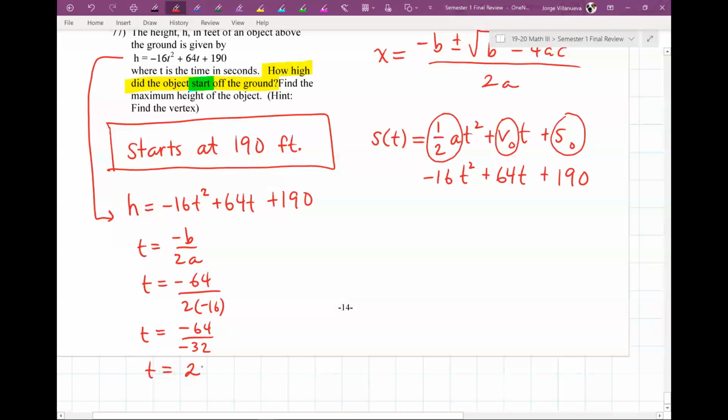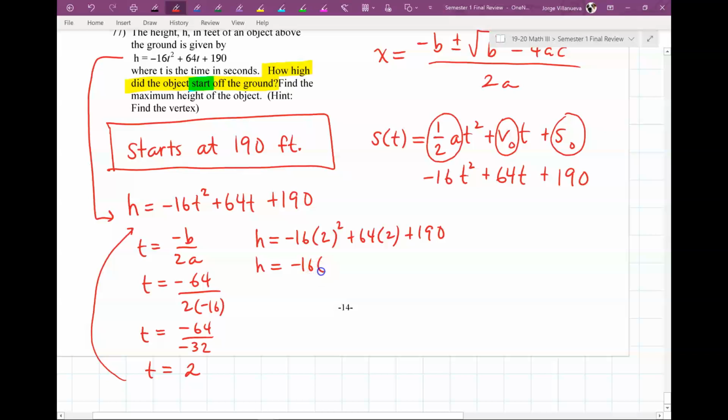That's 2. So all I have to do now to find my vertex, my high point, is to get that value of 2 and plug it back into that equation to find my height. So negative 16 times 2 squared, plus 64 times 2, plus 190. So what is that?